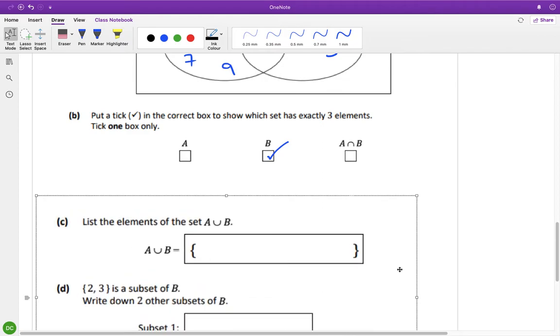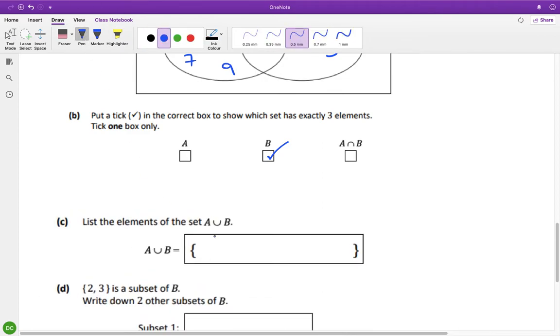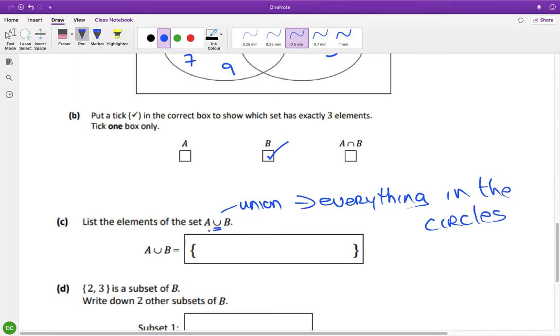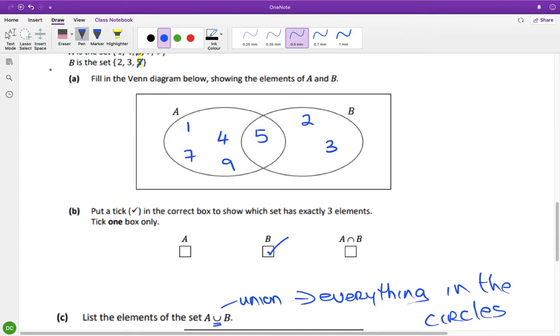Okay, so list the elements of this symbol here means the union, and the union means everything in the circles. Okay, so A union B would be everything in the A and B circle.